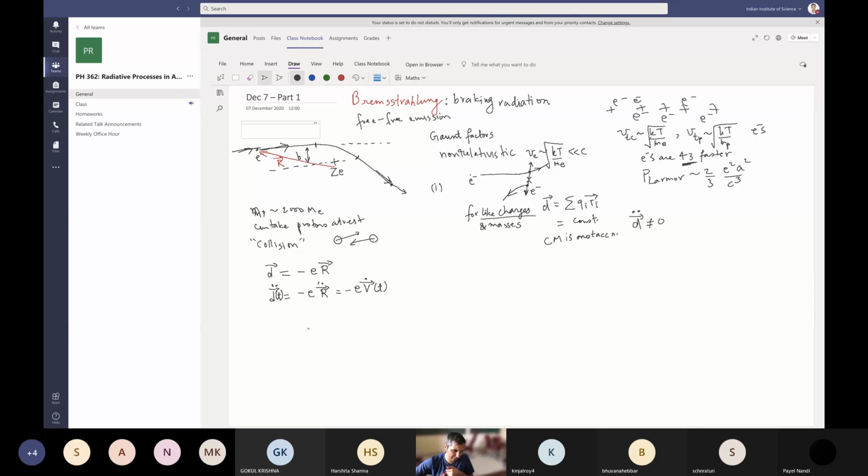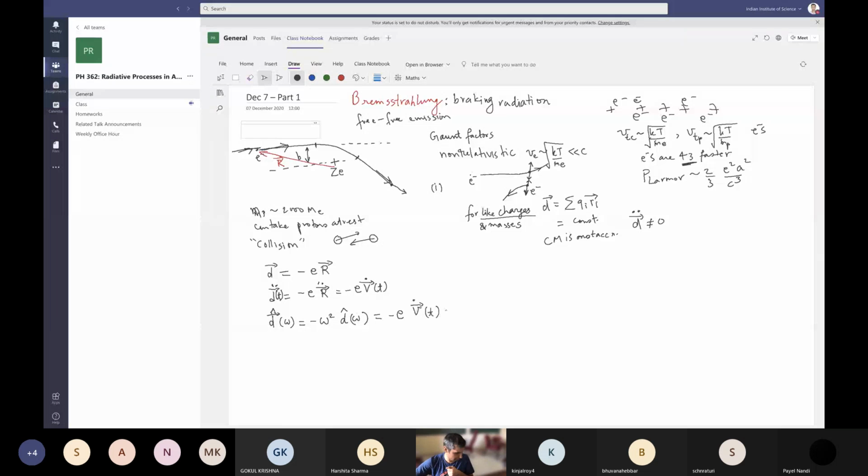So if we just take a Fourier transform of this equation, we get d double dot hat of omega, where d hat is the Fourier transform of d. This is the second derivative, which is nothing but minus omega squared d hat of omega. This is the left hand side, and the right hand side is minus e v dot of t.